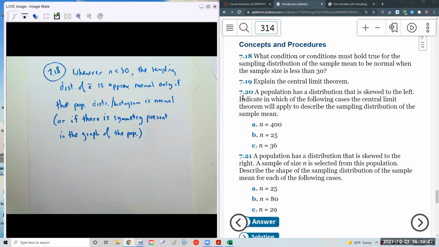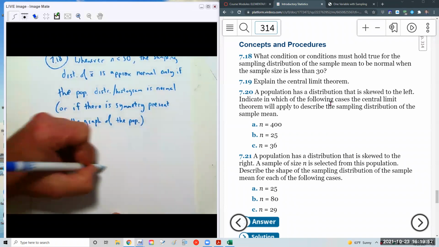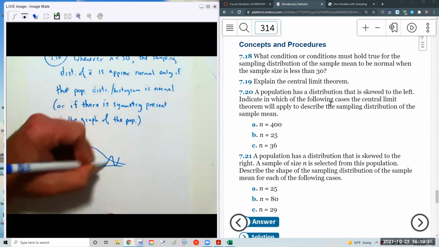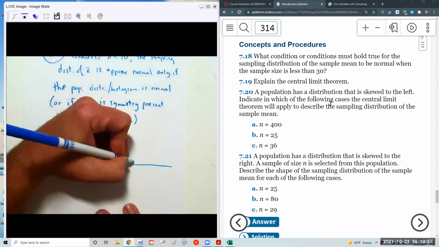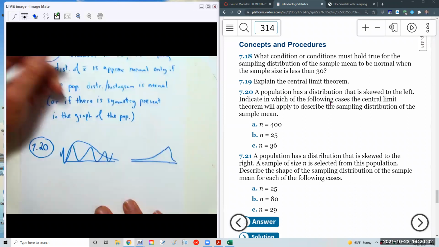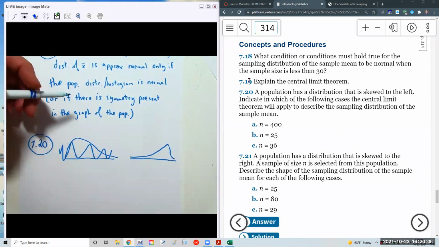All right, let's take a look at 7.20 here. A population has a distribution that is skewed to the left. Okay, fine. So the graph looks kind of like this. Whoops, tails on the right, so skewed right. So no, it looks like this. Something like that, maybe. It's skewed left. Tails on the left, so it's skewed left.